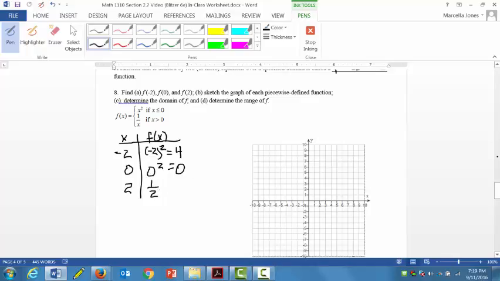So when I replace x with negative 2, I square that because that's an x that's less than 0. So y is 4. When x is 0, I square 0 because that value is where I use x squared.